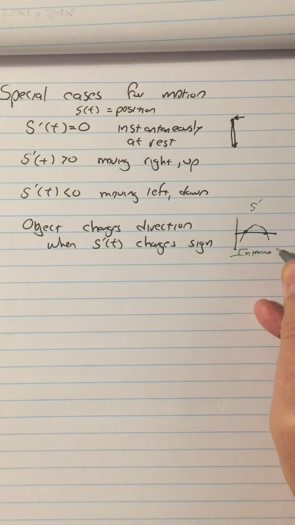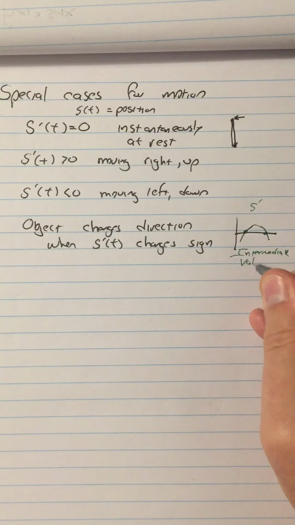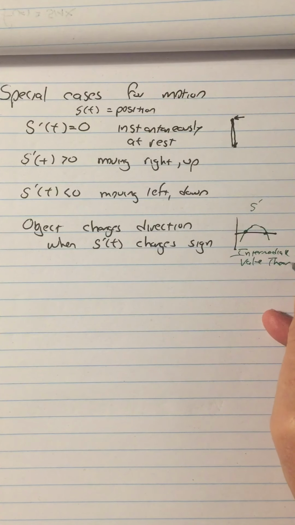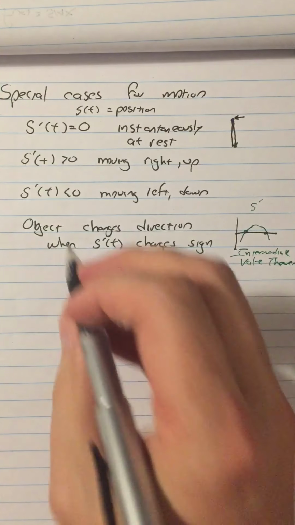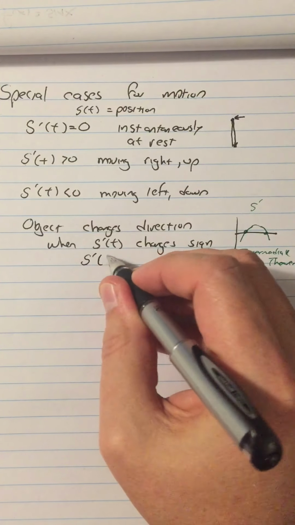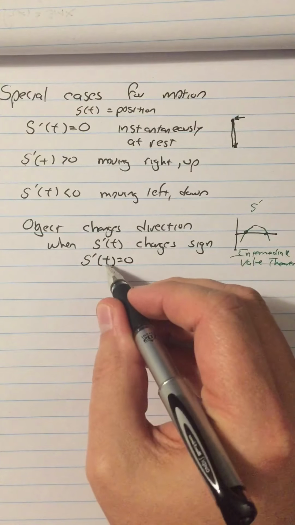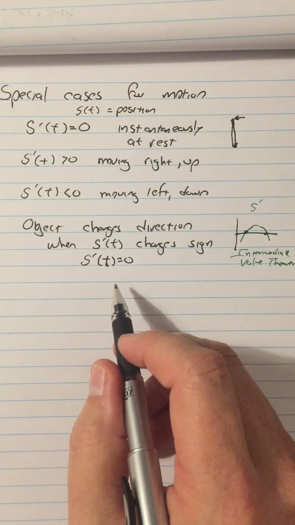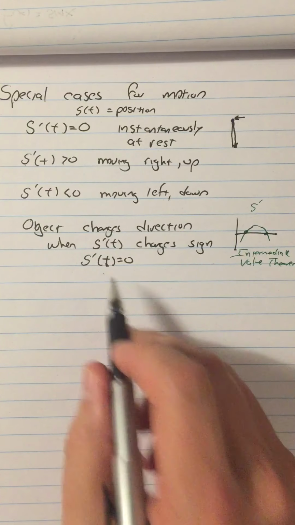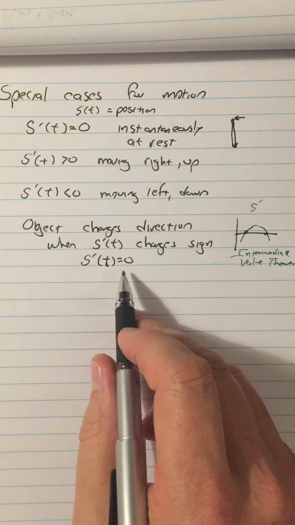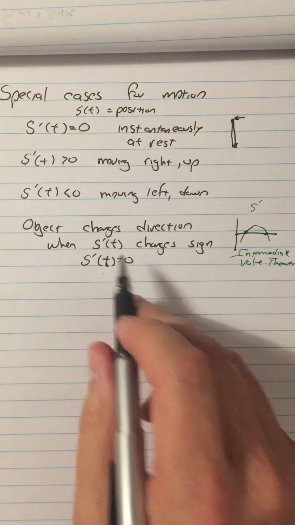That's one reason we looked at that. So that's important because it means if we want to know when S prime changes sign, it has to be the case that S prime of t equals 0. So if we're looking for a point where an object changes direction, we're going to start by solving S prime of t equals 0.